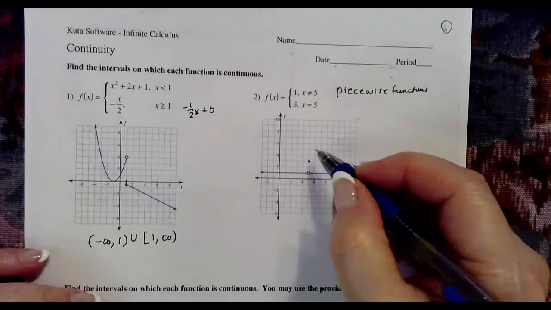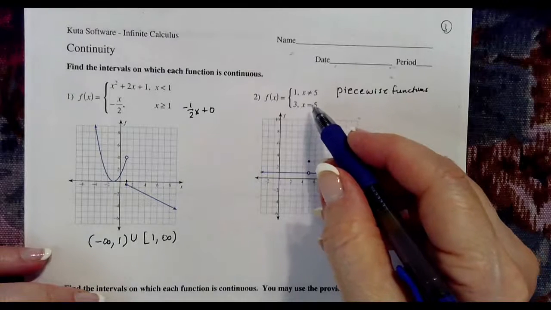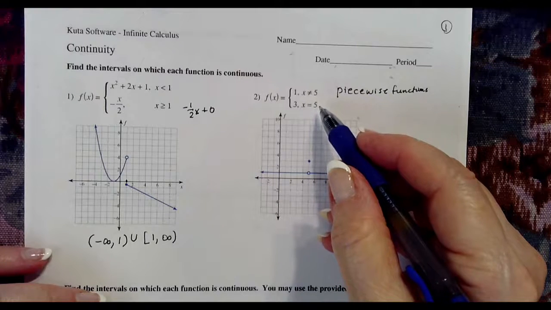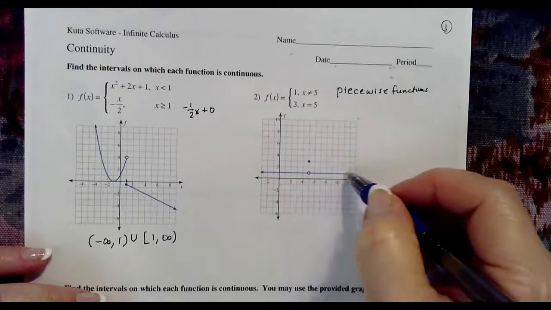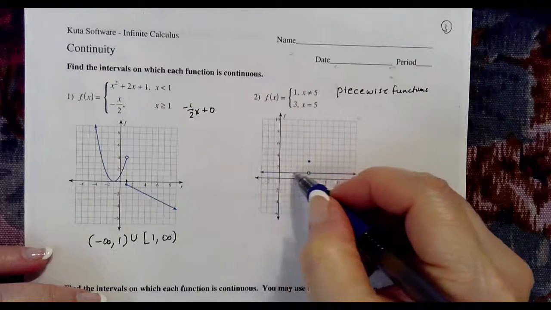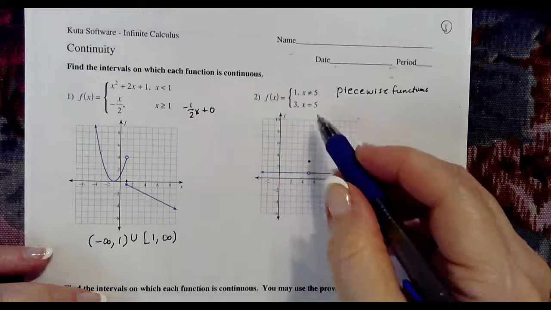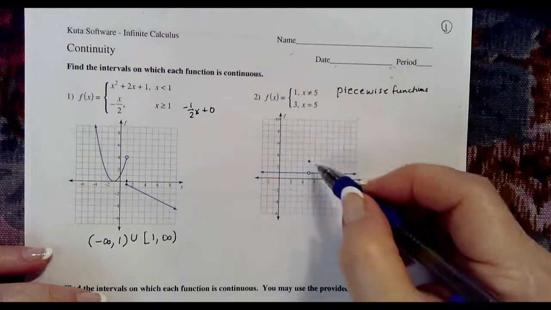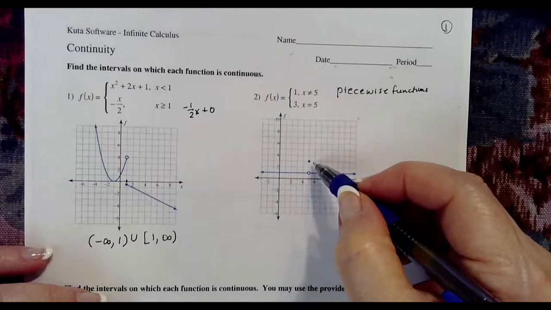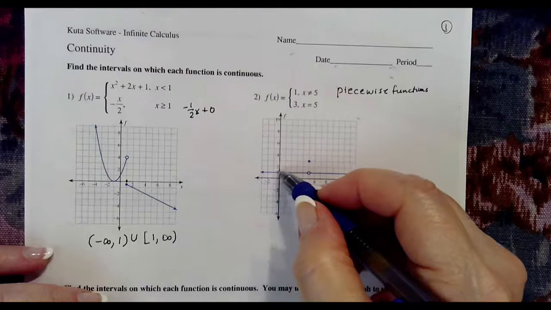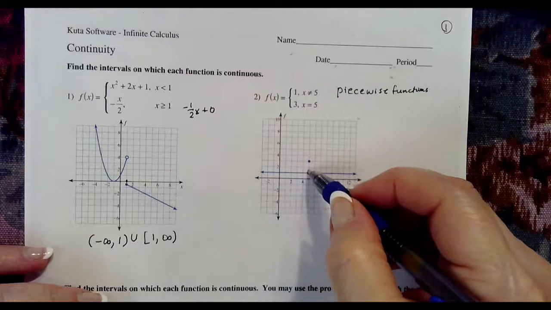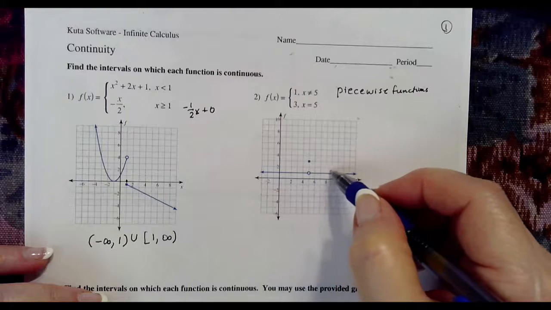So this one says that it's 1 when x is not 5. See how this is a 1 right here all the way across, except at 5? At 5, it's equal to 3. So that's this dot up here at 3. It starts out smooth and continuous, and oh, there it stops right there, and then it keeps on going continuous.